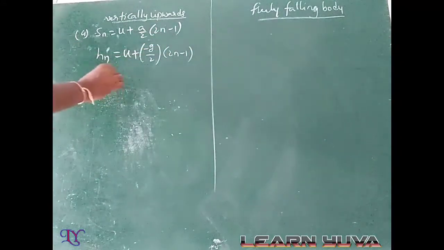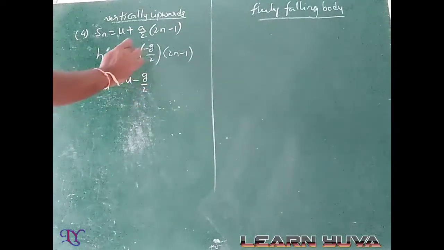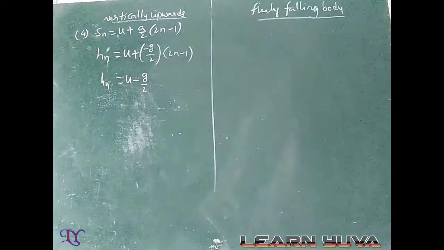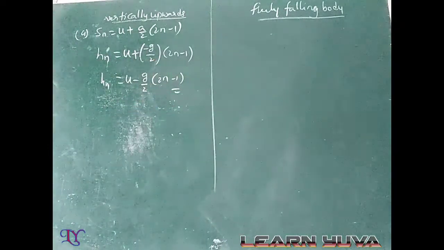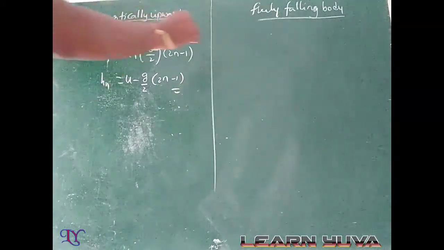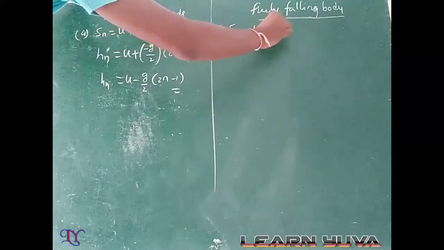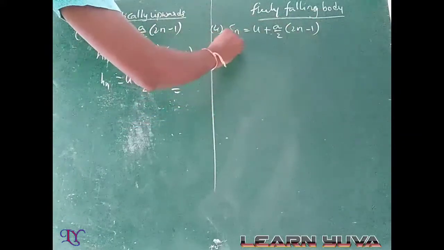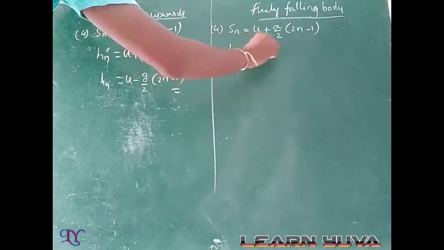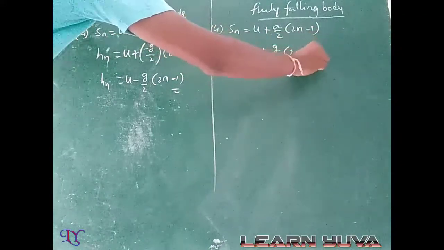Hn is equal to u minus g by 2 of 2n minus 1. Let's check this. In this case, Sn is equal to u plus a by 2 of 2n minus 1. S becomes Hn, equal to u plus g by 2 of 2n minus 1. That's it.